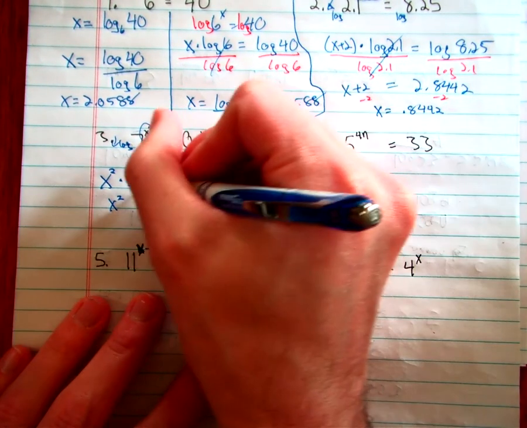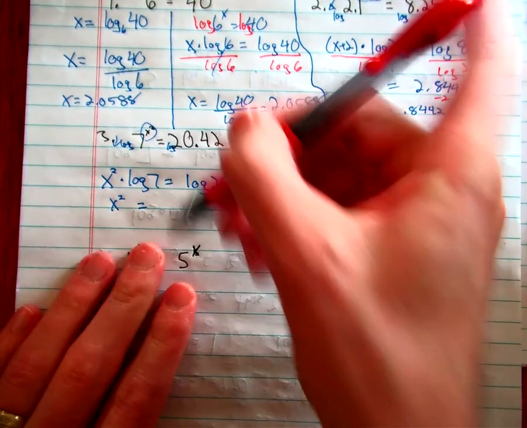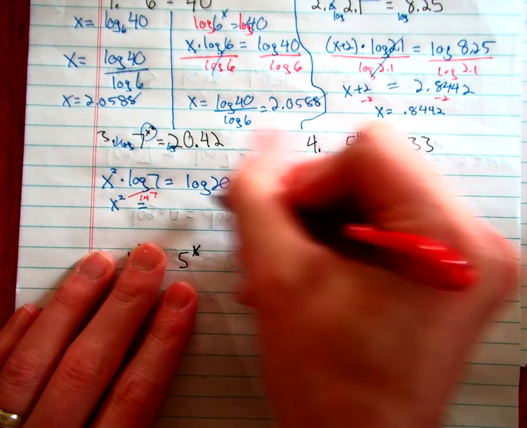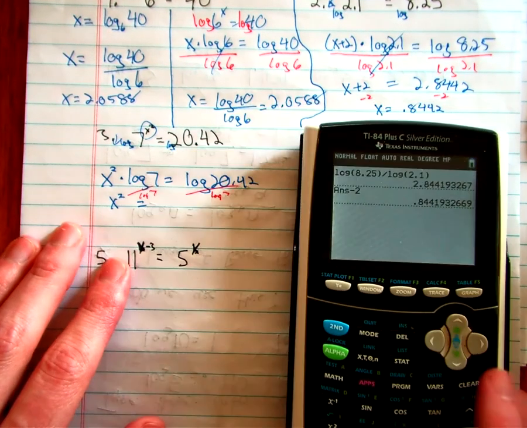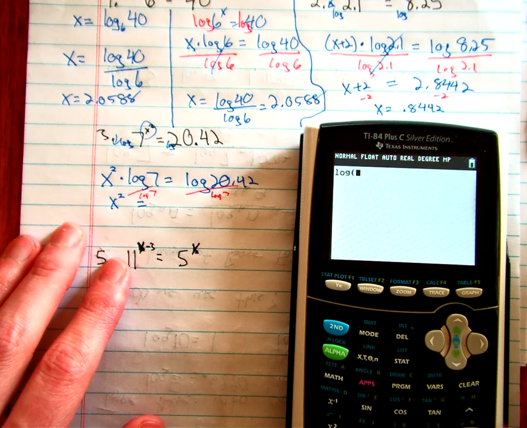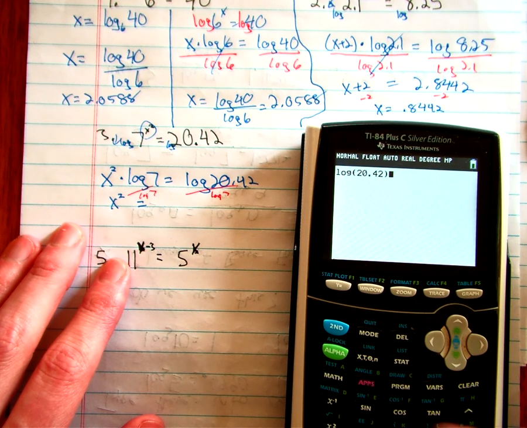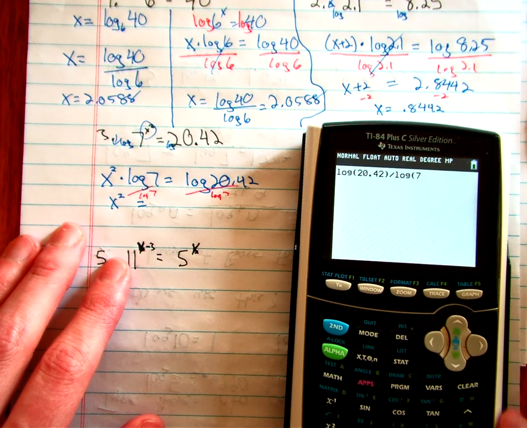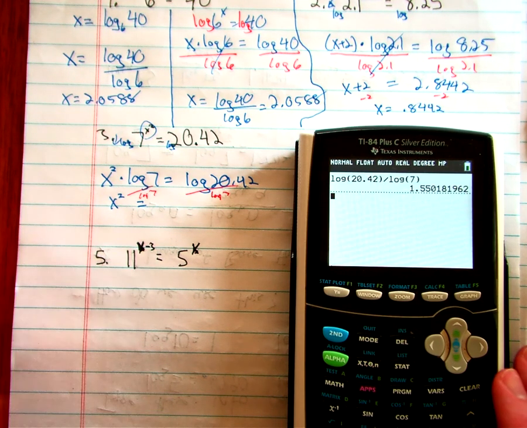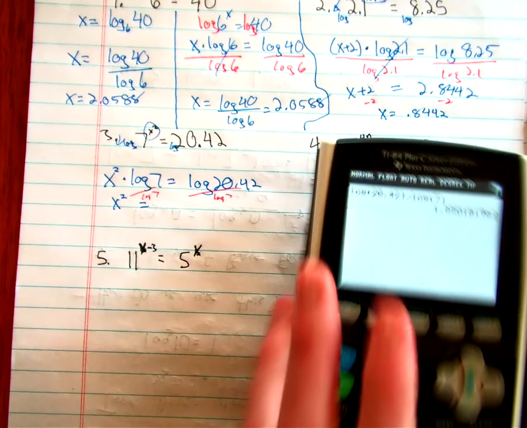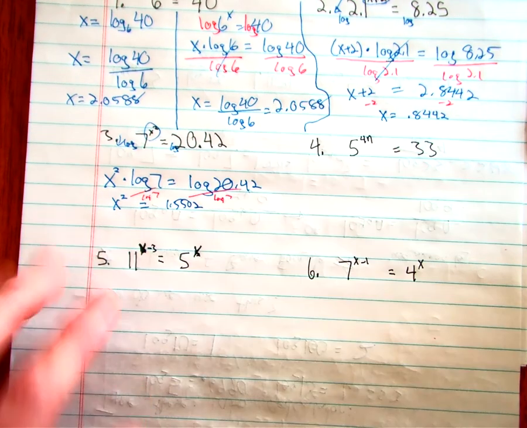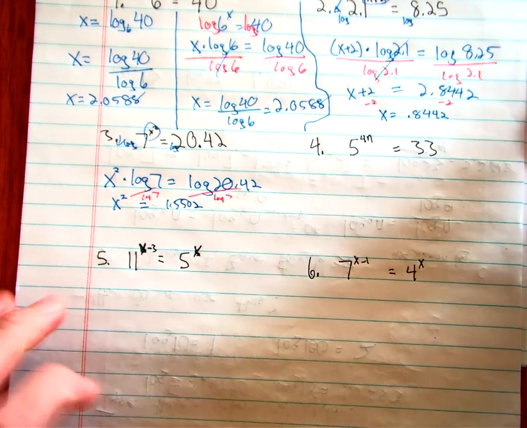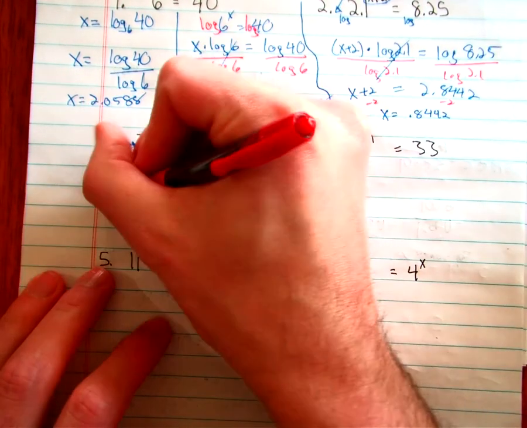So if I divide by log of 7, let me use a red pen there so you see that. We get 1.5502. All right, so x squared equals 1.5502.